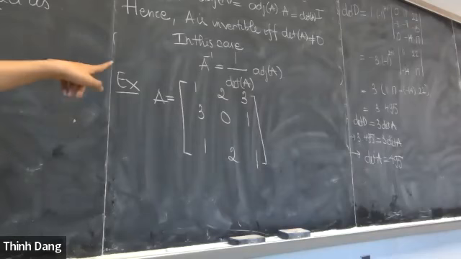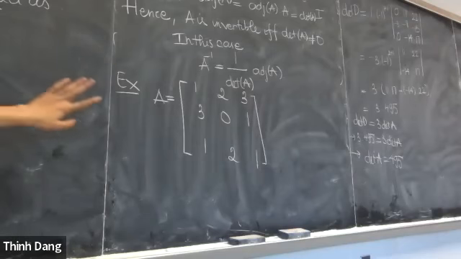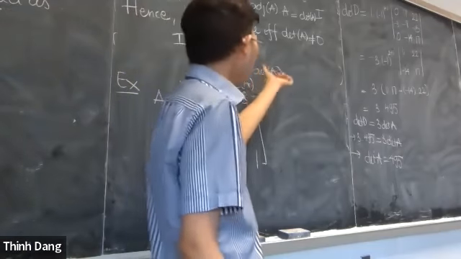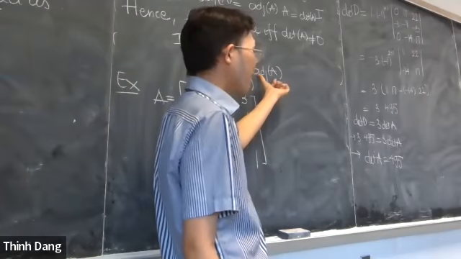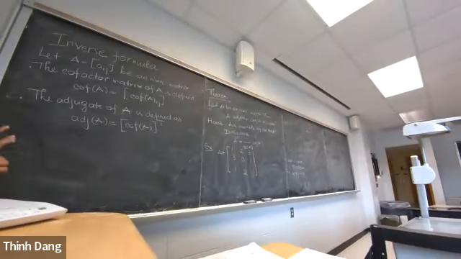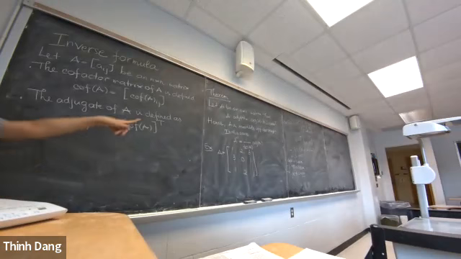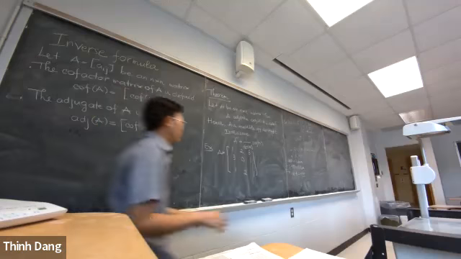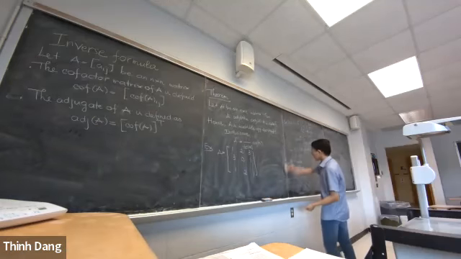In order to use that formula, you need to find three things. First, the determinant of A. Next, the adjugate matrix of A, and to find that, you first need to find the cofactor matrix of A and then take the transpose. Then, using the formula, you will be able to find the inverse. Let's do all of those things.